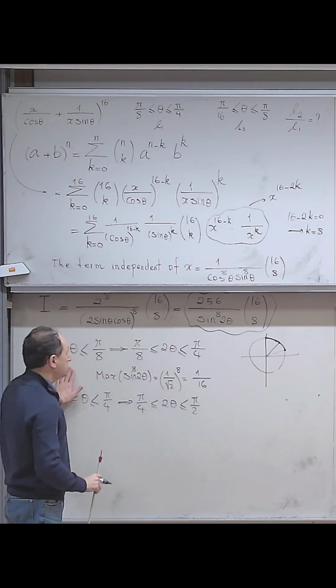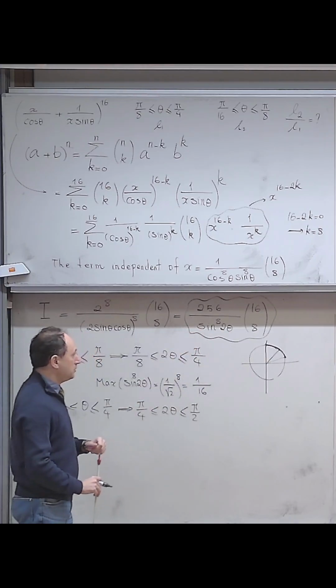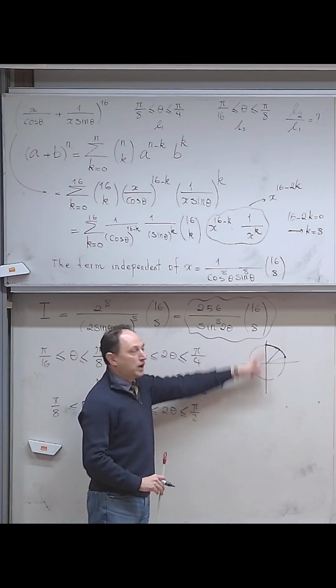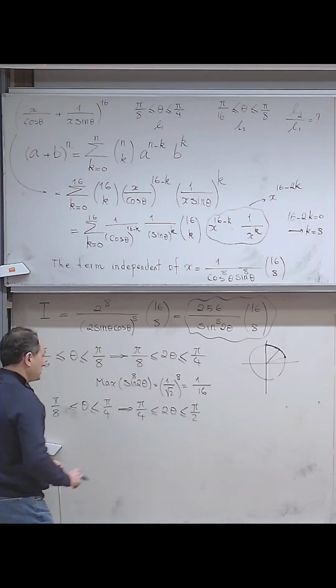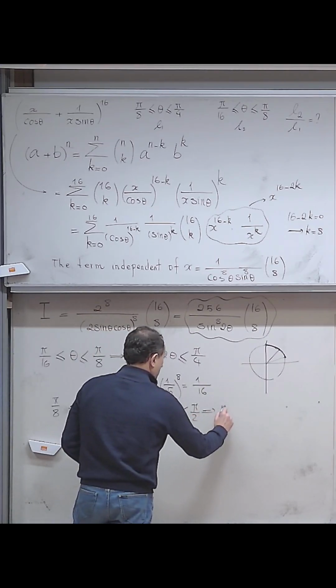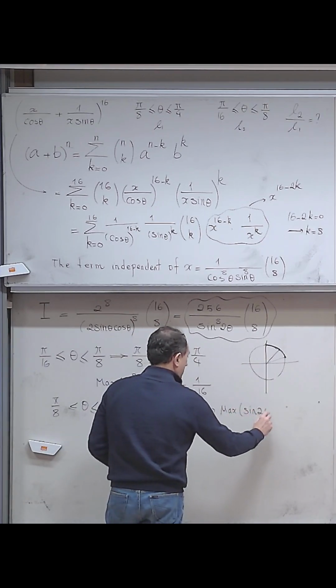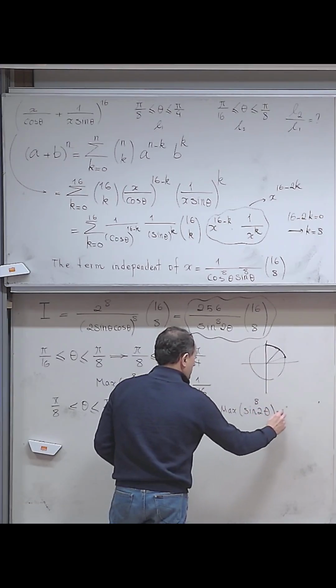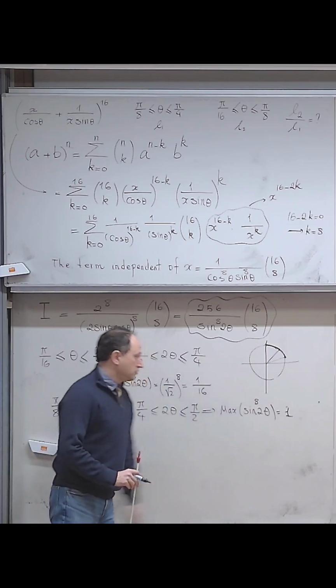Again, I want to minimize this, so I have to maximize the denominator, but the maximum is 1, because that is the highest point. So the maximum of sine 2 theta to power 8 is simply 1, because 1 to power 8 is just 1.